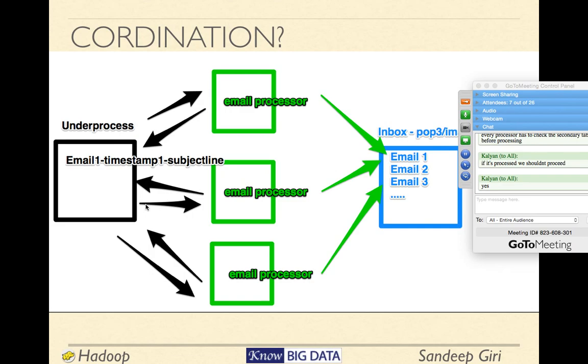So the first email processor started reading email 1, and while it was processing it, something happened and it shut down. Now, nobody will ever process email number one because it will always show that it is being processed. So, how do we tackle such challenges? And Zookeeper provides those constructs.